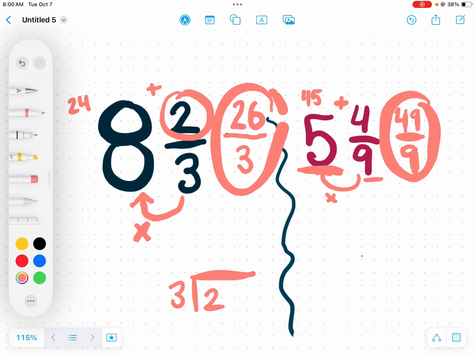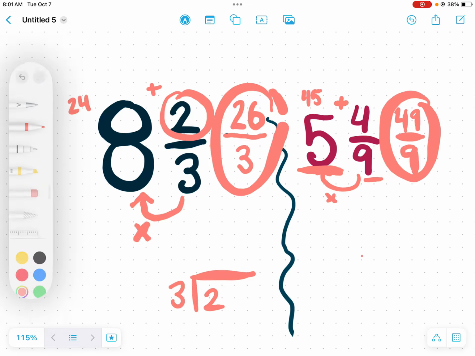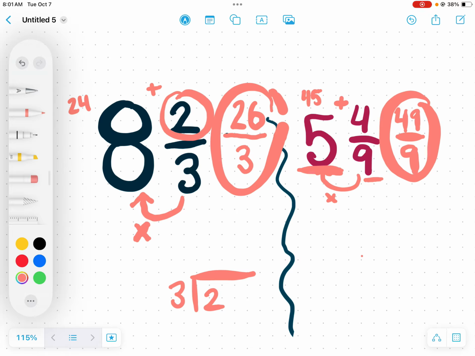So again, numerator on the inside, denominator on the outside. Okay? And if you're trying to change a mixed number into a decimal, you do the exact same thing. Just take that fraction, turn it into a decimal, but then replace the 0 with the number that is in front of your decimal.